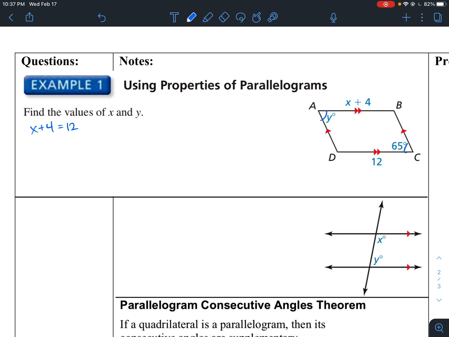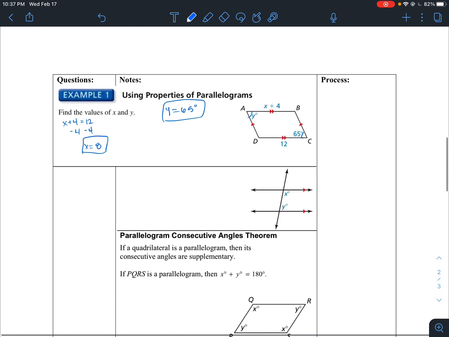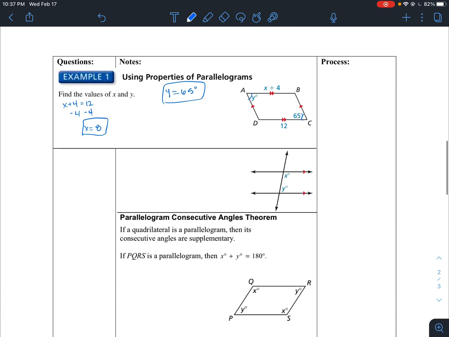So I already know that y is equal to 65. Now I just need to solve for x. I can subtract 4 from both sides, so then x would be equal to 8. So x is equal to 8, y is equal to 65, and there you go. Pretty straightforward.